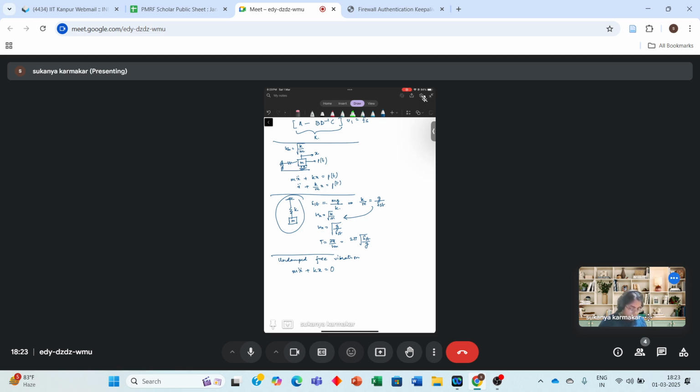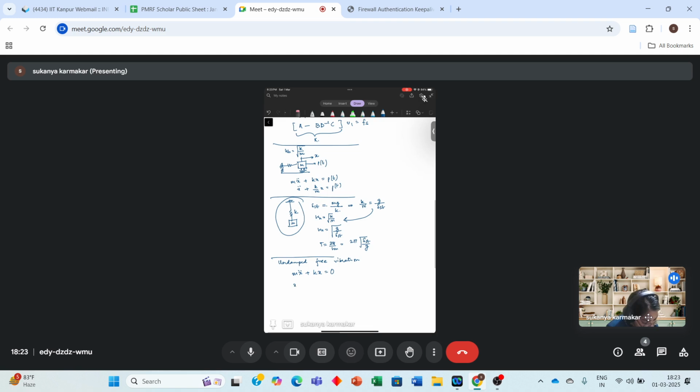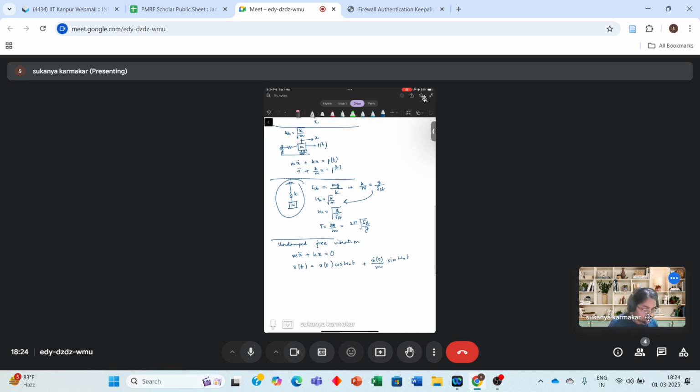I'll write down the solution first: x of t is equal to x of 0 cos omega n t plus x dot 0 by omega n sine omega n t. Is this solution clear? We had done this derivation. Yes, ma'am, we had done.